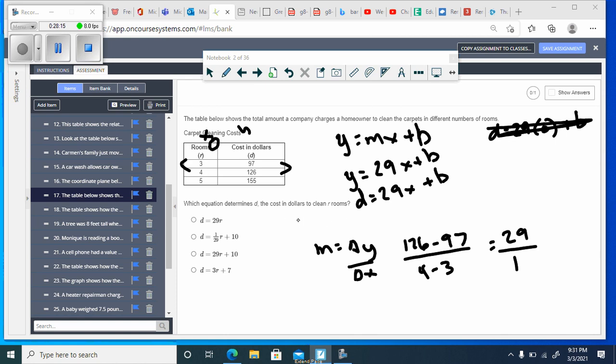We've got 3, 97. Let's try that. Here's an x and here's a y. D is your y. So is 97 equal to 29 times 3 plus b? We need to multiply 29 times 3.